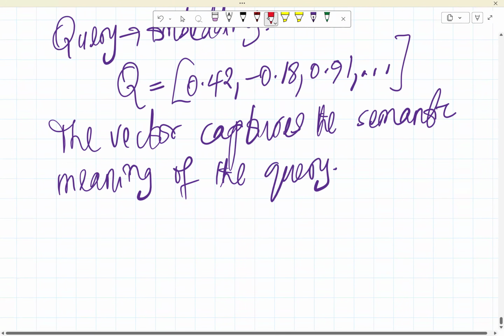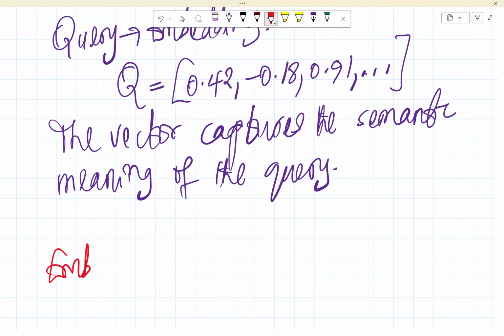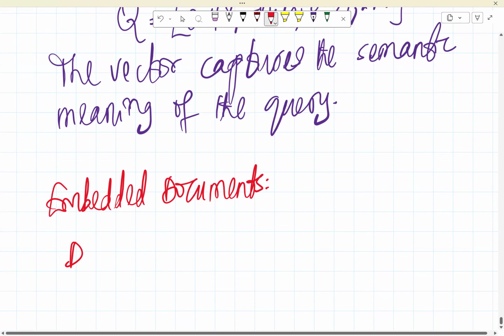Then we go for step three. Step three is that documents are already embedded, right? Before search begins, every document in the collection has been converted into a vector. So the next stage is about checking embedded documents. Let's say we have documents.